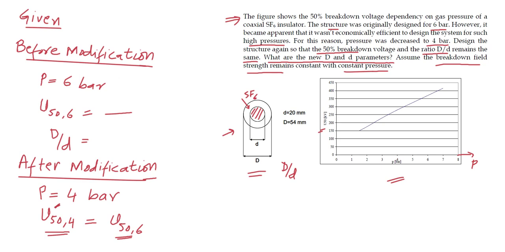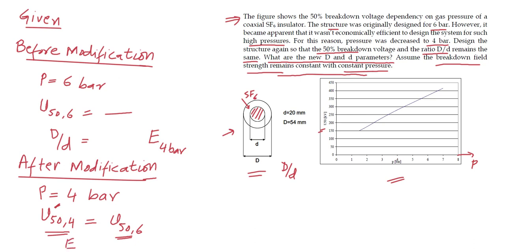Now there is another condition. If we read the last sentence of the given statement, whatever maximum electric field strength we have at 4 bar must remain the same.